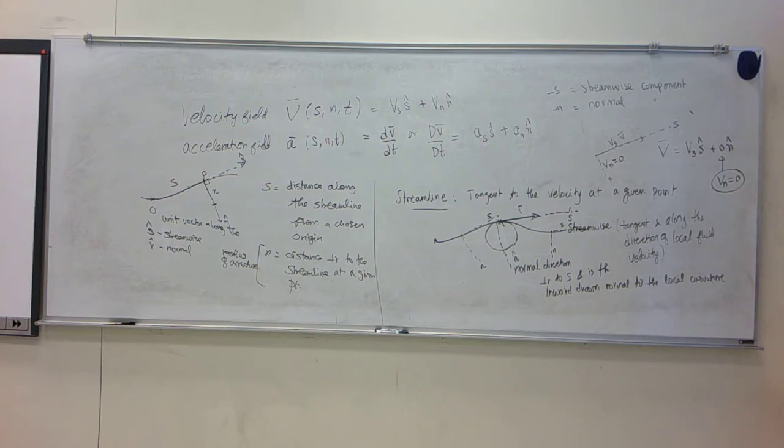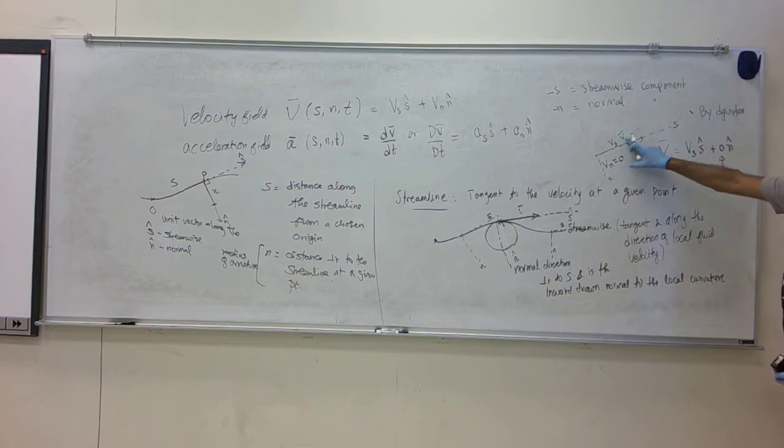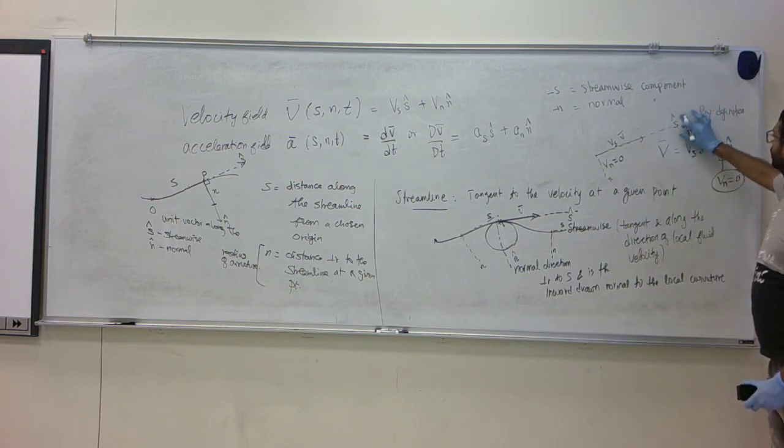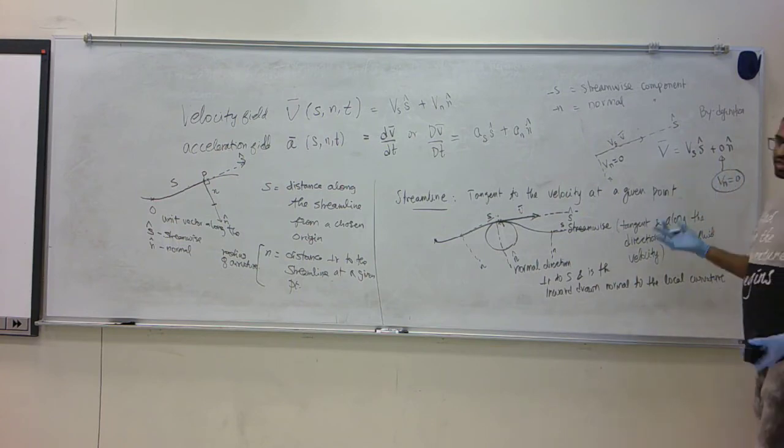The velocity along the normal direction is 0 by definition, since you define S and V to have the same direction. Everything is tangential because that's the definition of a streamline.